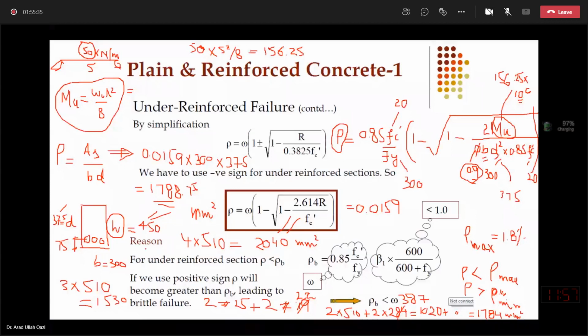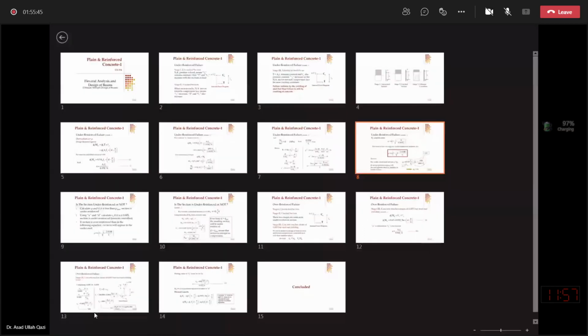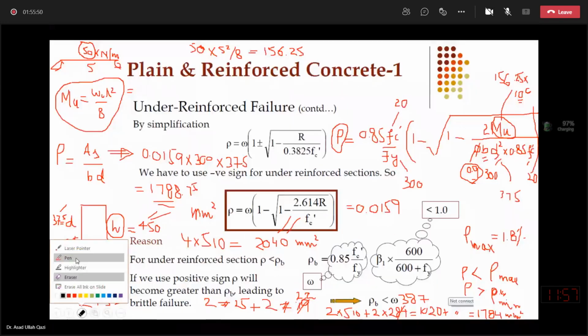Then our design is final. I can sketch it like this in the 300 millimeter width. I can safely put 4 bars without any problem, because in that width I can accommodate 4 bars even after fulfilling the code requirements of clear gaps between the bars and edge covers.